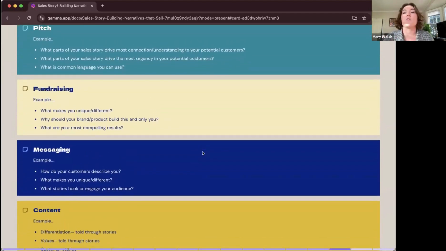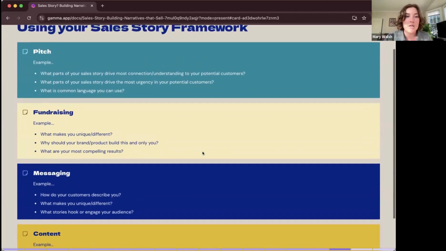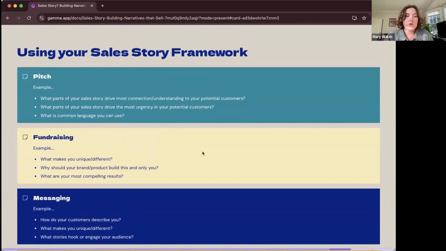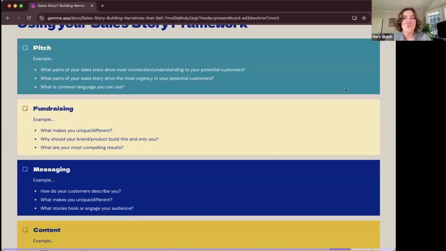I'd love to stay for a moment and give you a couple of minutes to journal or jot down, based on thinking about these different pillars in the story, how that might change your pitch, your fundraising, messaging, or your content. Think about each of these categories and some of this framework, and why I'm setting up these questions the way that I am.